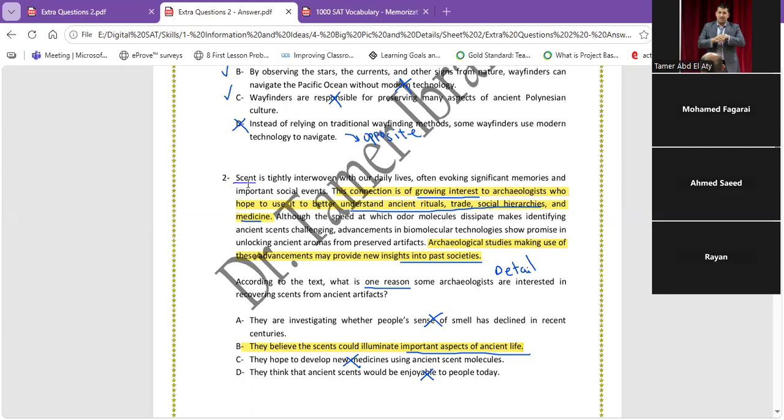Scent is tightly interwoven with our daily lives, often evoking significant memories and important social events. This connection is of growing interest to whom? To archaeologists who hope to use it to better understand ancient rituals, trade, social hierarchies, and medicine. So they are interested in recovering or understanding those things.